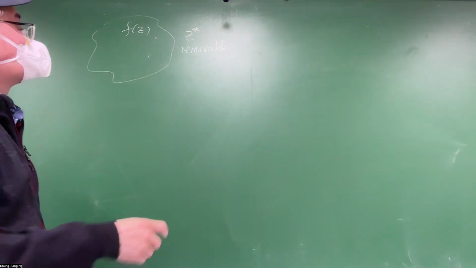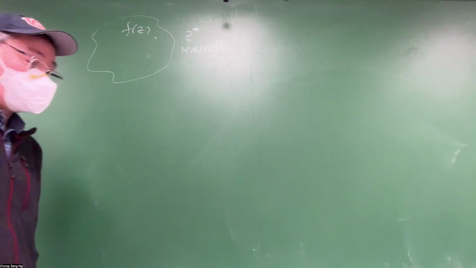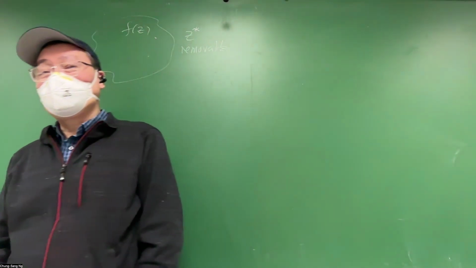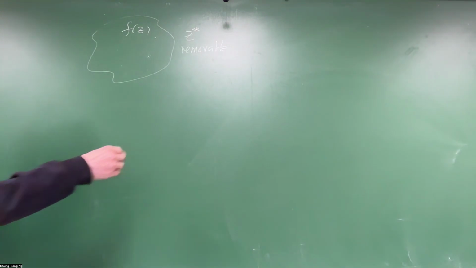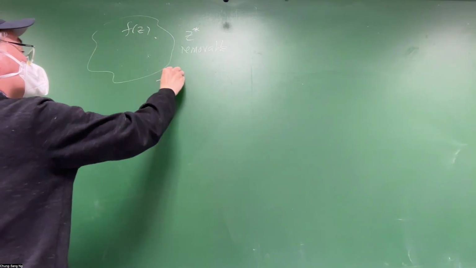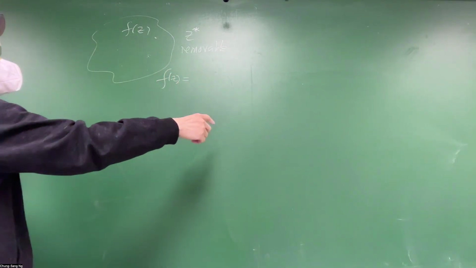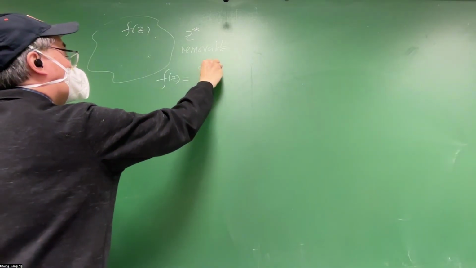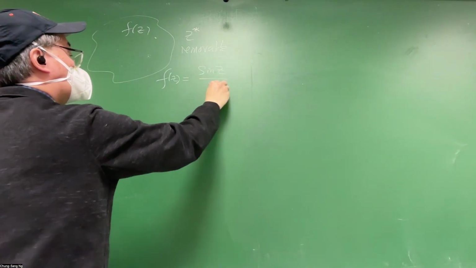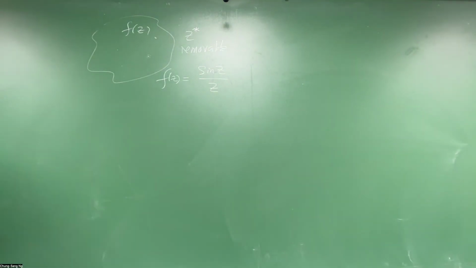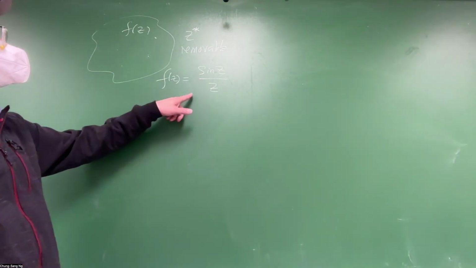Okay. Removable singularities. This happens at an isolated point where the function is not well defined, but we can redefine it to make it totally analytic again. One of the situations that the text talks about is, say you have a function you want to integrate, like sin z over z.